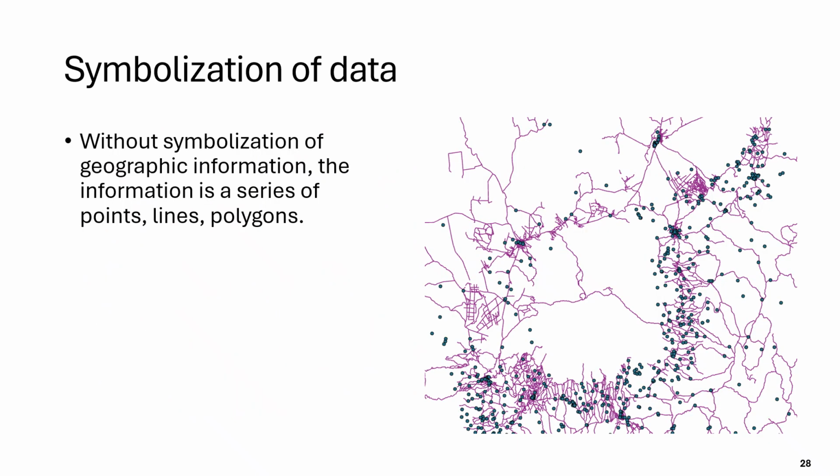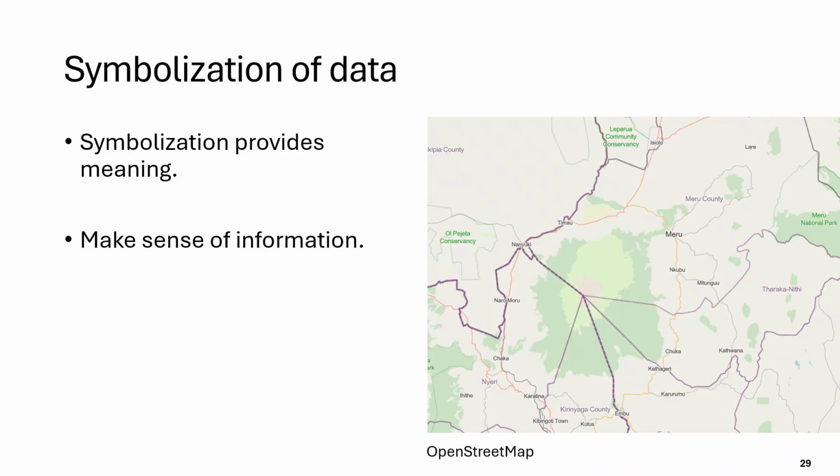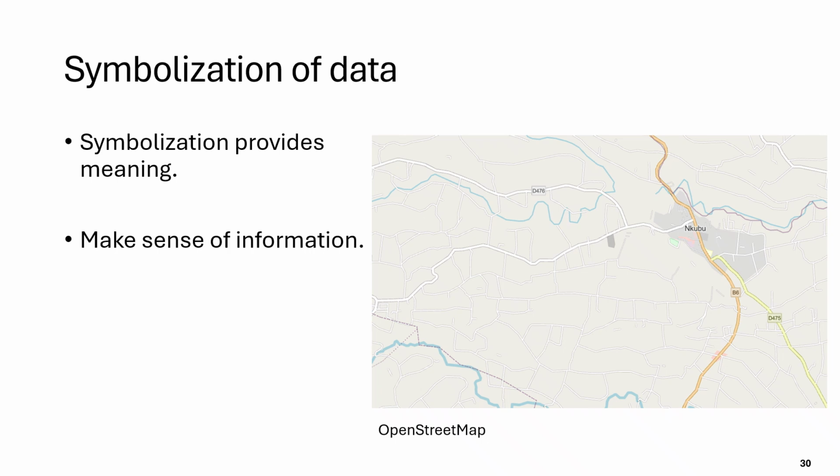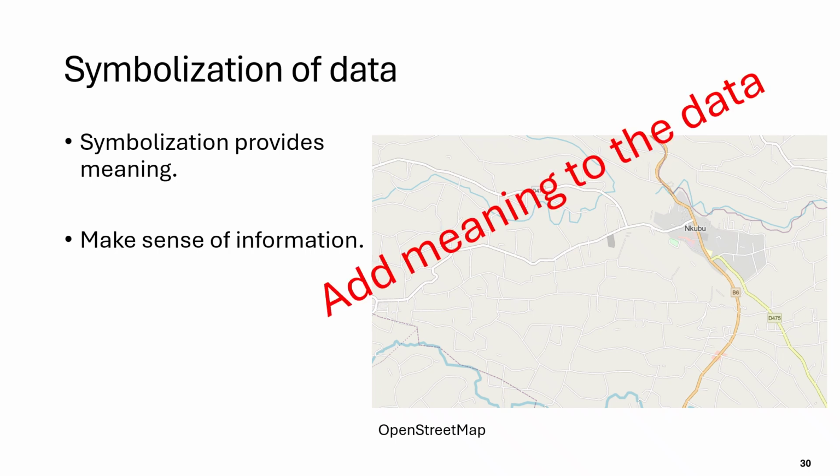Without symbolization of geographic information, the information is just a series of points, lines, and polygons. We can provide meaning through symbolization, as illustrated with these different examples.